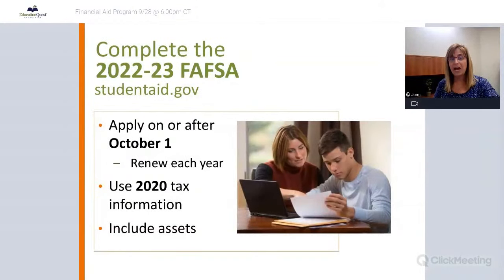Be sure you find out what their priority date is for completing the FAFSA application. Every school will have a priority date that they suggest you have your form completed by in order for the student to be eligible for all priority funding. So be sure you check out those priority dates. Every college is going to be different, so make sure you know what those days are ahead of time. But again, just remember it opens October 1. You don't have to have it done that day, so don't panic.